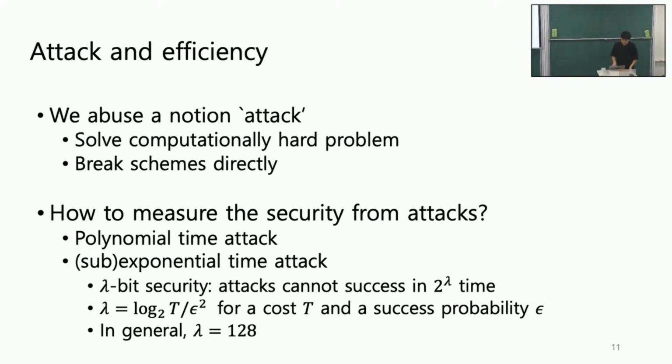Lambda-bit security means that unknown attacks cannot succeed in 2 to the lambda time. More formally, lambda is set to the logarithm of t over epsilon squared for cost t and success probability epsilon. In general, lambda is set as 128.